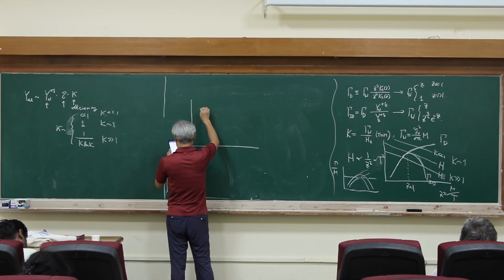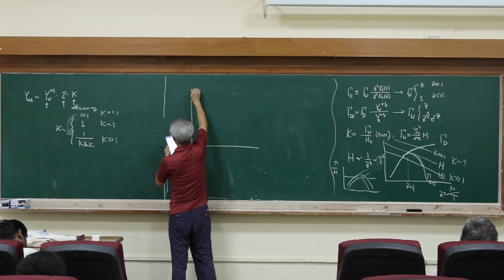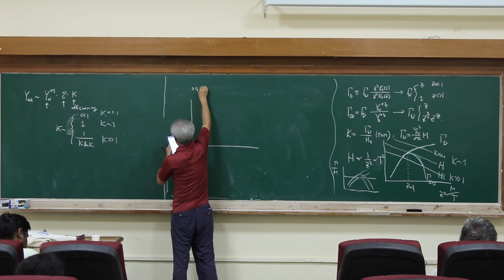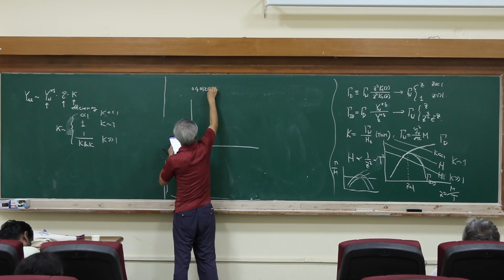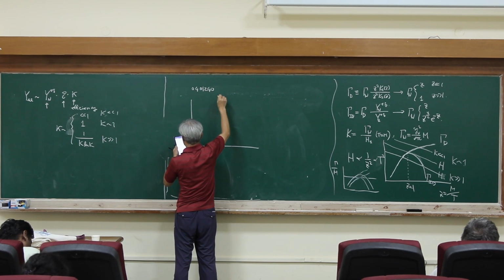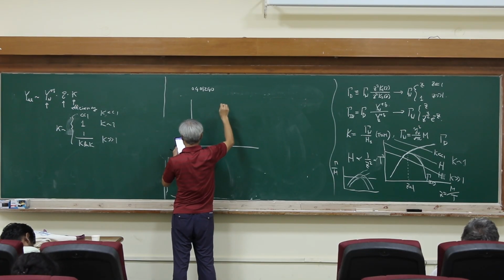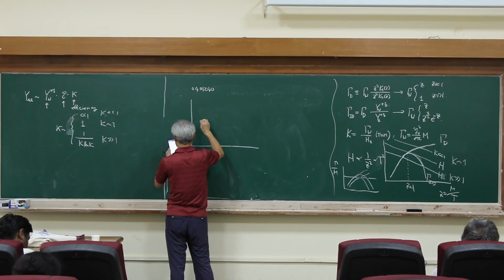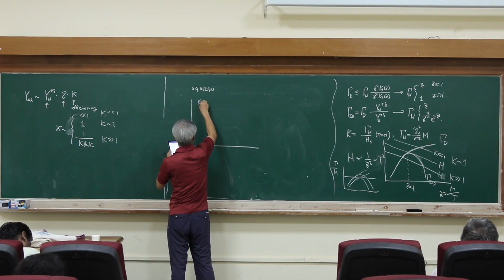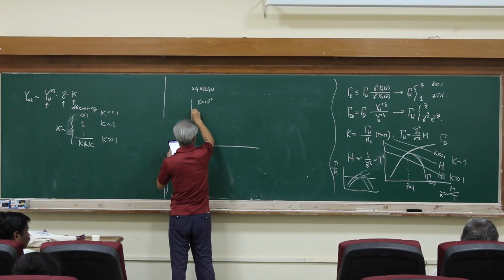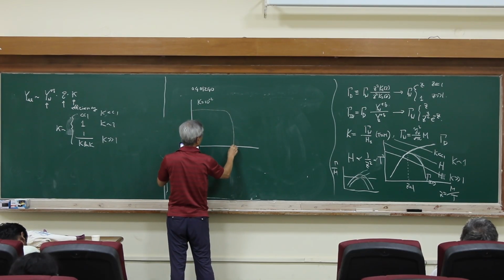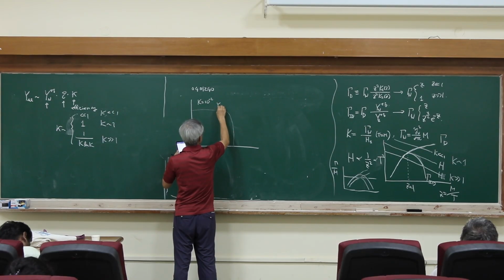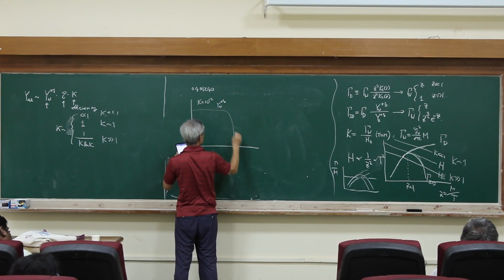I take this plot from the Buchmuller et al. pedestrian paper. So for K of 10 to minus 2, they show the YN equilibrium plot.